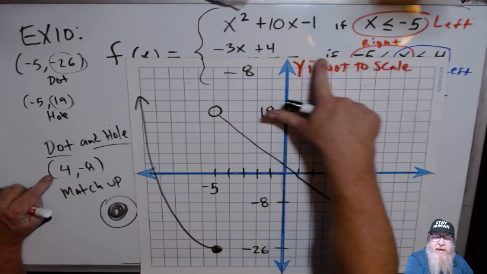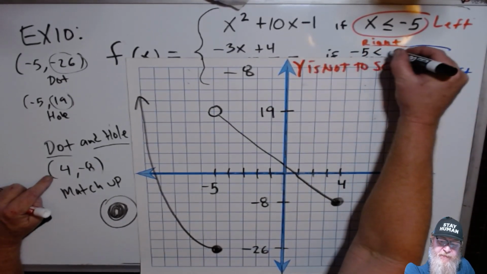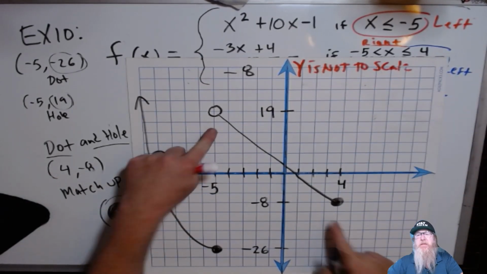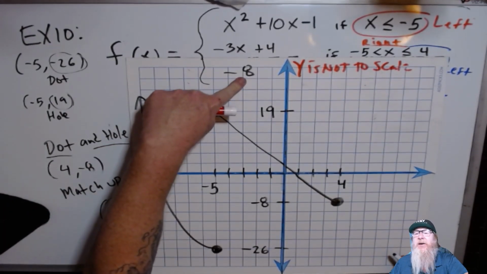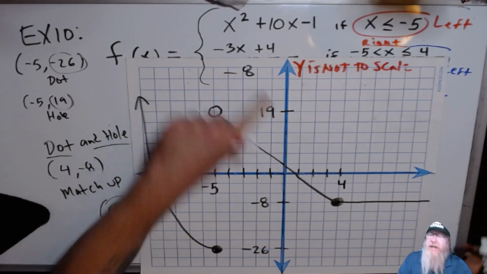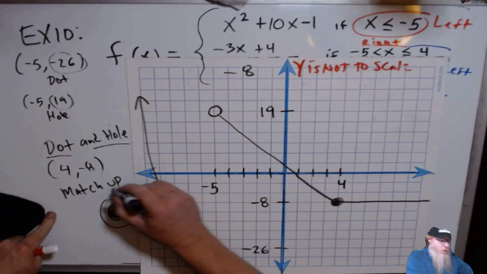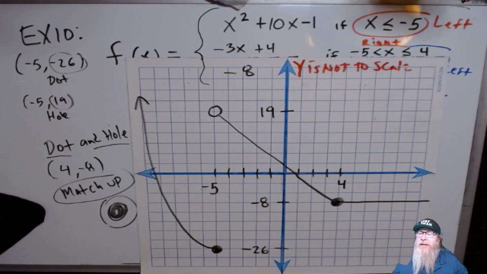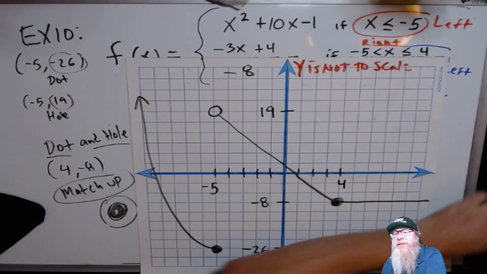So negative 3x plus 4 starts at negative 5 and ends at positive 4. That's the middle, really. And then finally, a horizontal constant function would just be a horizontal line. And what you don't see is the hole, because the hole and the dot matched up with each other. So when a hole and a dot agree with each other, they come together and you don't see the hole anymore. You just see the dot.